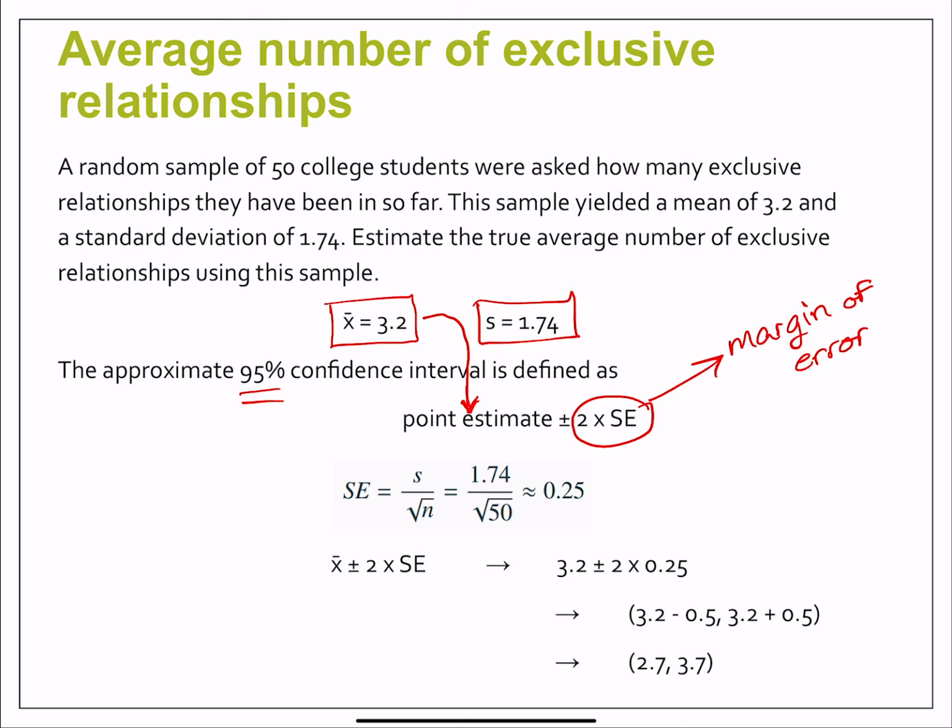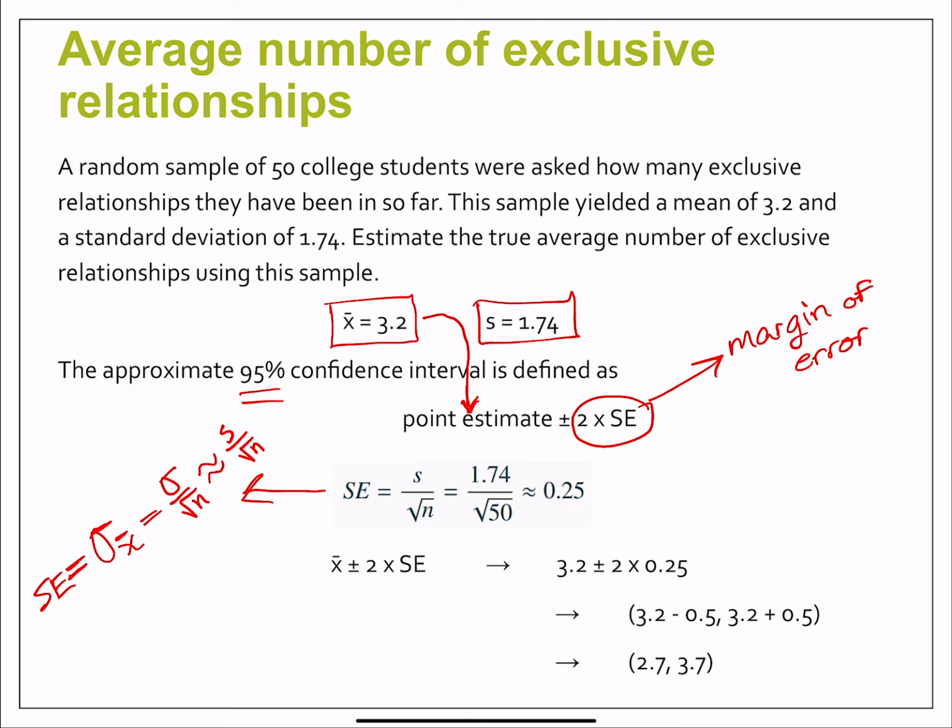How do we find the margin of error? Well, first we need to find our standard error. Note, when we're dealing with means, the standard error in this case, when we're finding a population mean, equals sigma over square root of n, which is approximately equal to s over the square root of n.